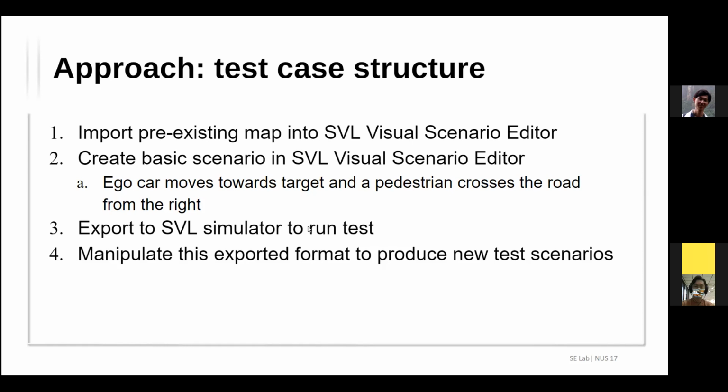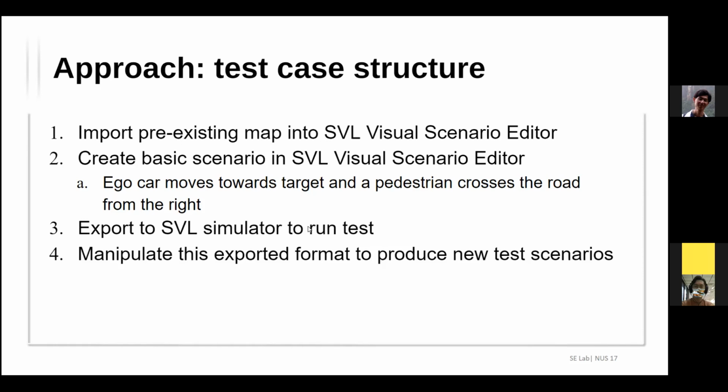Right, the authors mention that as one of the possible threats to the validity of the paper, because you might have to change the format or the algorithm. You can see that this basic scenario is very detailed: the ego car moves toward the target, and the pedestrian crosses the road.